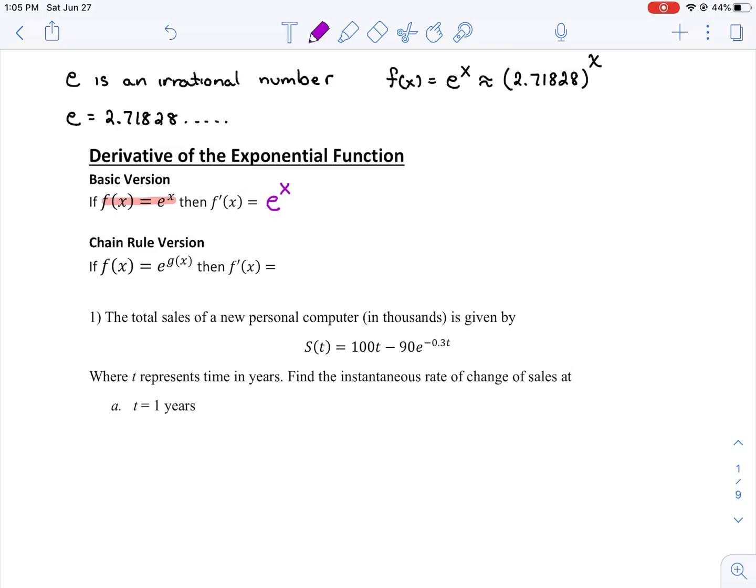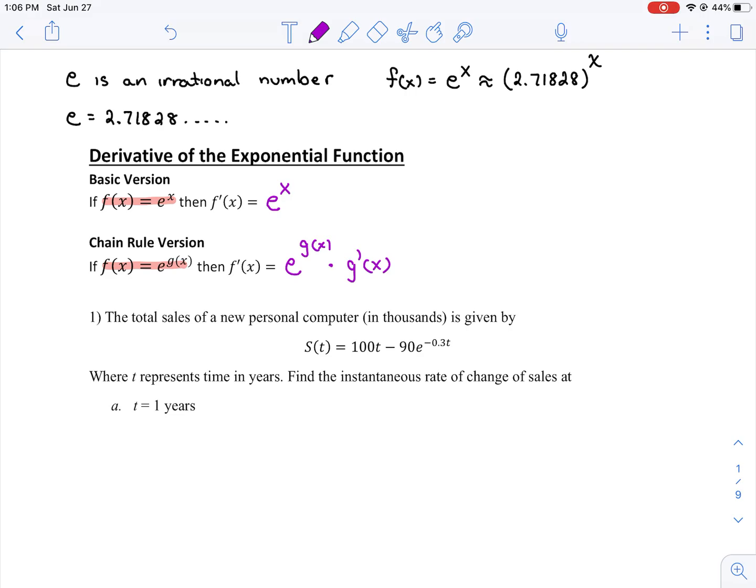And the chain rule version for the derivative of e to the x is the following. If f of x is equal to e raised to the g of x, then the derivative is e to the g of x times the derivative of g of x.